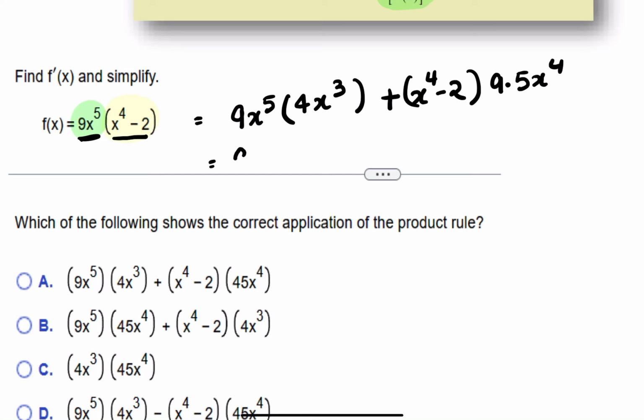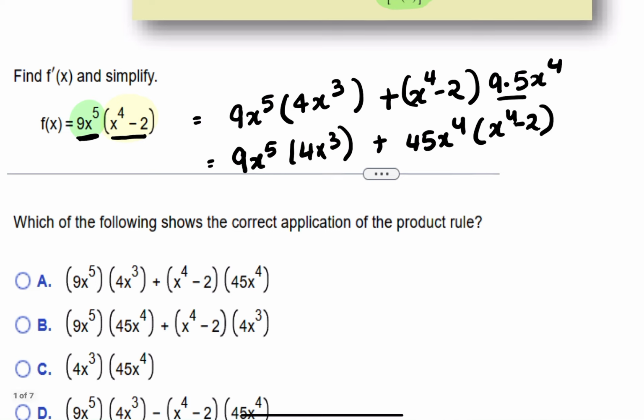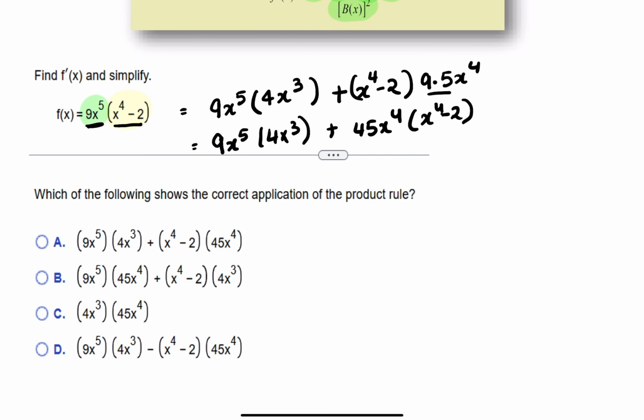Let's simplify this. This is 9x to the power 5 times 4x cubed plus 9 times 5 is 45x to the power 4 times x to the power 4 minus 2. Now let's see if I have that function, which is 9x to the power 5, 4x cubed.